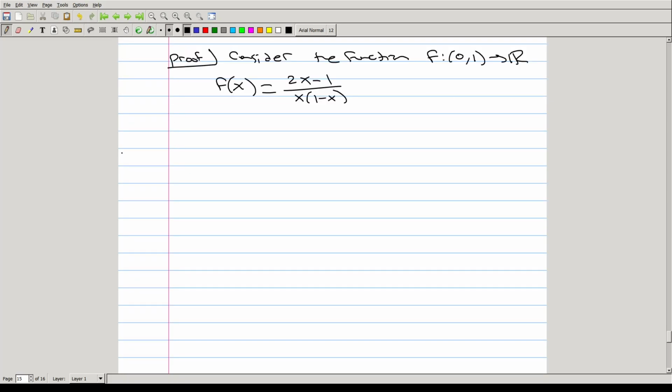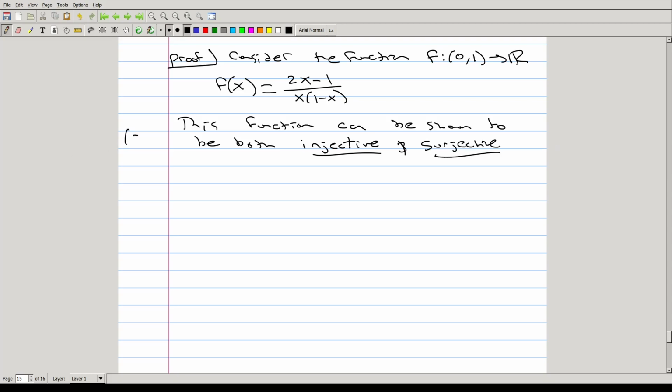And it'd be a good exercise for you to prove, so I'm going to leave it up to you, but this function can be shown to be both injective and surjective.